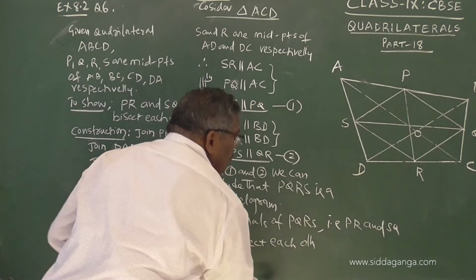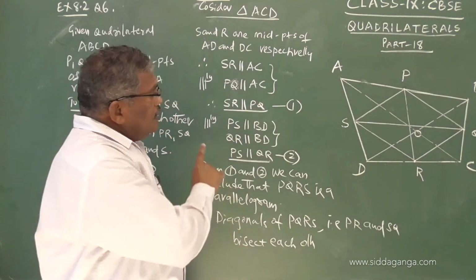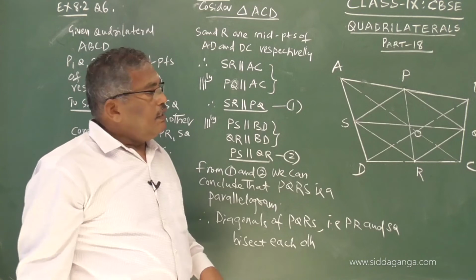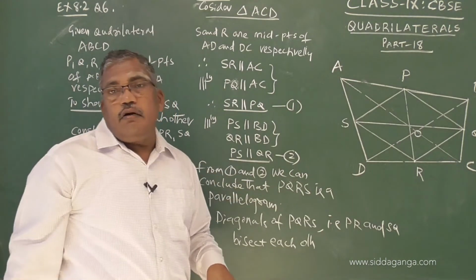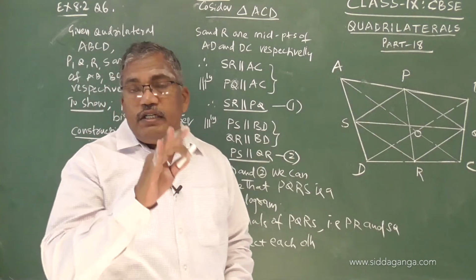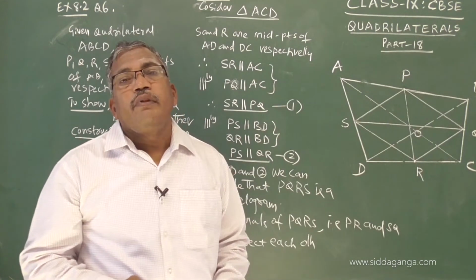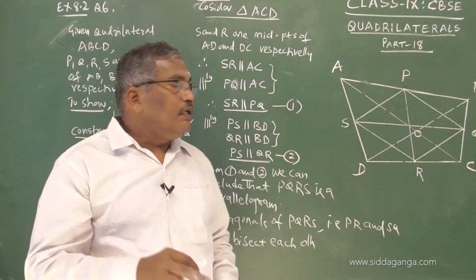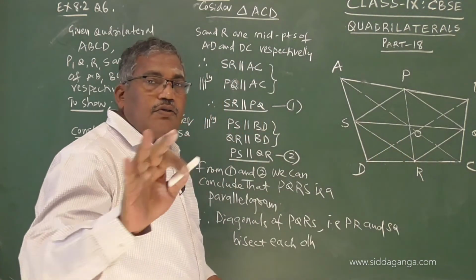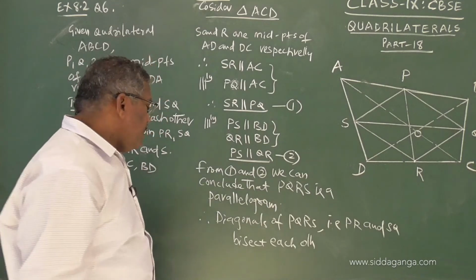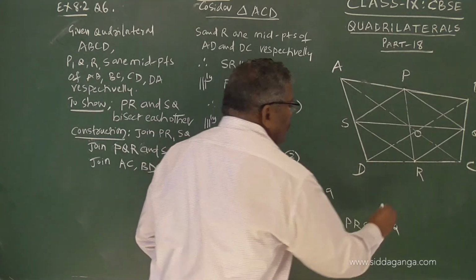That is one of the basic properties of the parallelogram. In a parallelogram, the diagonals bisect each other. Each diagonal divides the parallelogram into two congruent triangles. The opposite angles will be equal and the consecutive interior angles will be 180 degrees. So you have studied the basic properties of a parallelogram, bisect each other, hence proved.